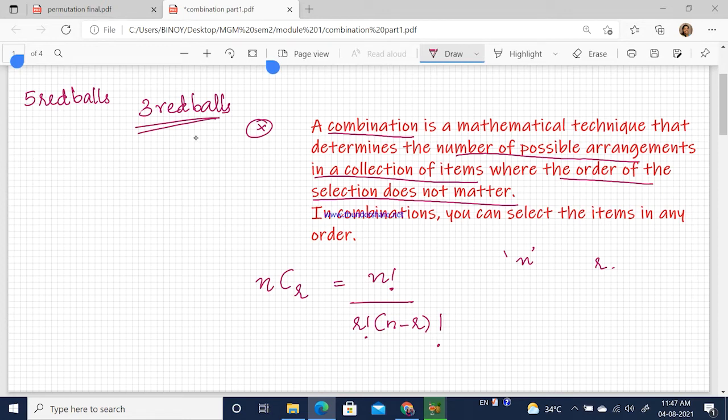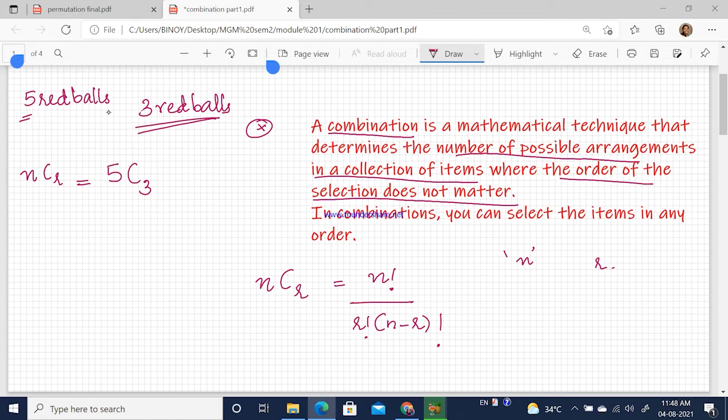So how do I do this? The general expression means the number of combinations of n things. Here n is 5, so nCr can be written as 5C3. 5 is the number of items, taken 3 at a time.